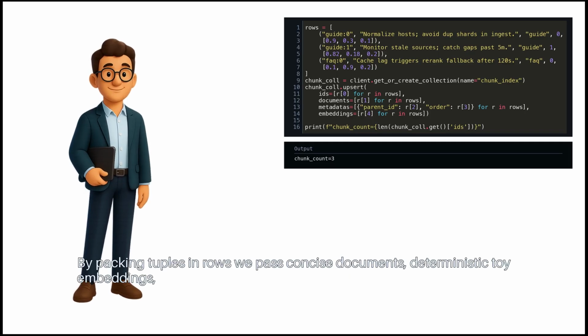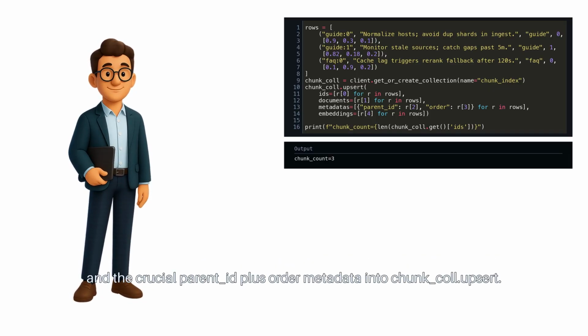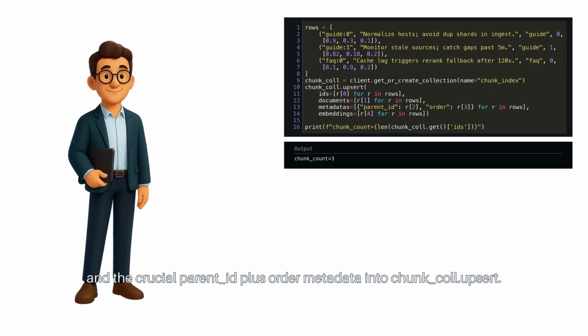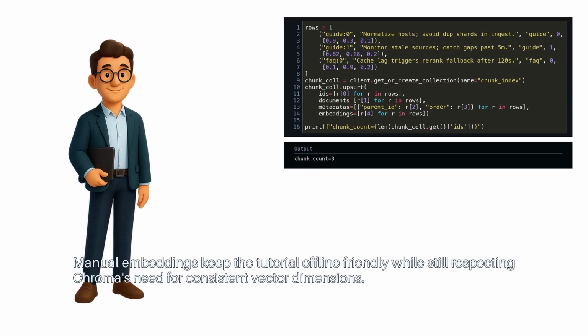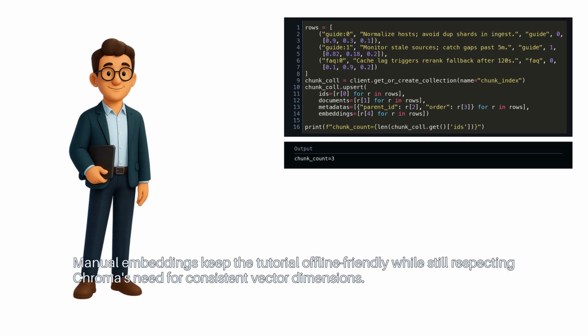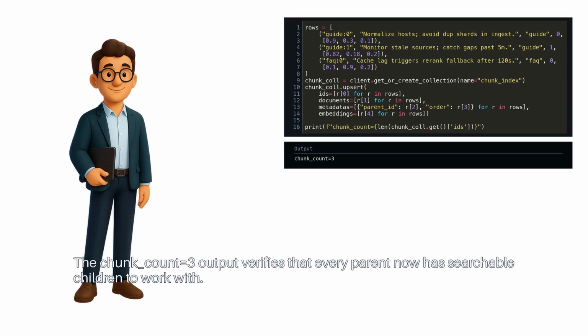By packing tuples in rows, we pass concise documents, deterministic toy embeddings, and the crucial parent ID plus order metadata into chunk_call.upsert. Manual embeddings keep the tutorial offline friendly while still respecting Chroma's need for consistent vector dimensions. The chunk count equals 3. Output verifies that every parent now has searchable children to work with.